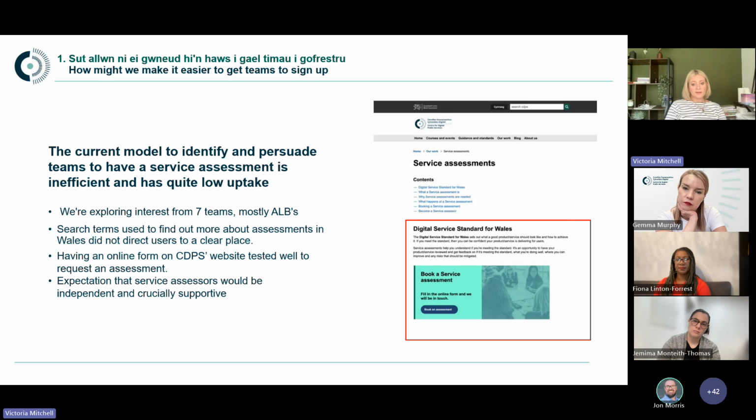So when I said earlier that there are things to learn from what's already been done, this is an example where it's not the right thing just to repeat perhaps the early days of assessments in the UK. And one thing that came across really loud and clear in all of the experiments that we did in this alpha was that there's a clear expectation that any assessors involved would be independent and would be supportive.